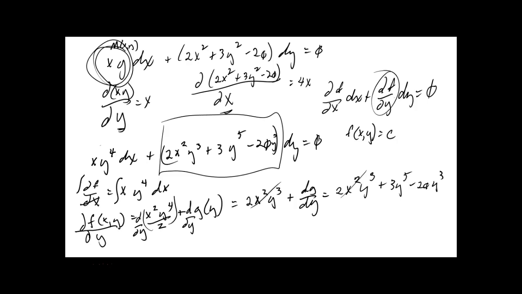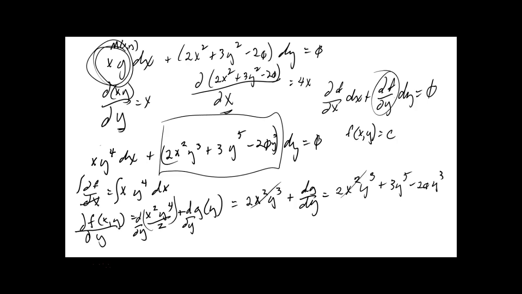We just compared the two. We said if this was our f, then take the partial with respect to y of that f, and this is what we got. We just don't know what this is. That's what we're looking for. But this partial has to be this thing because of this.